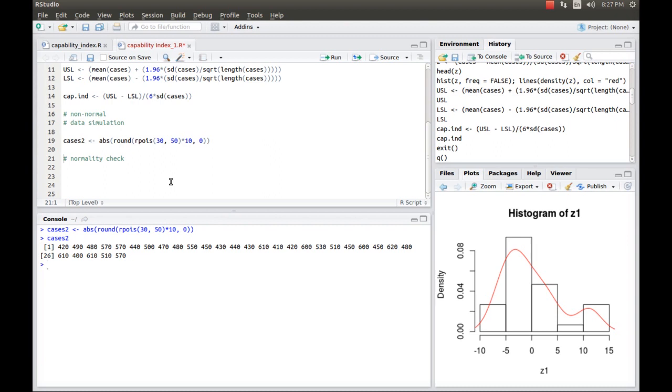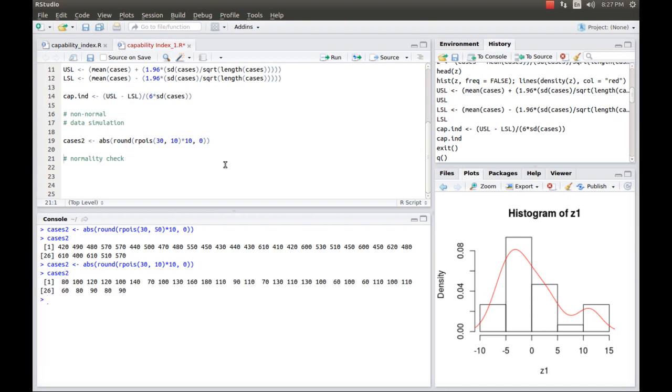I think for cases 2 let me take 10 instead, so that it is the average number of patients who are coming to the hospital, who have undergone the treatment in the hospital. And now let's see cases 2. Yeah, this time it is okay, but I'm not happy with 50. 10 is okay.